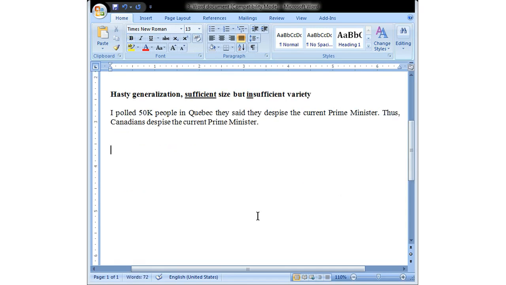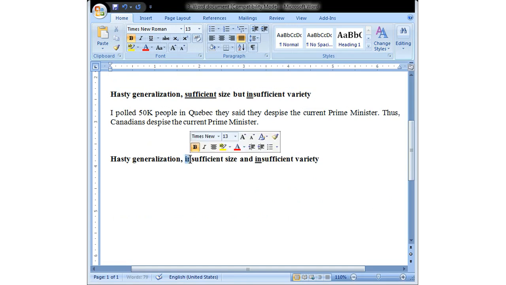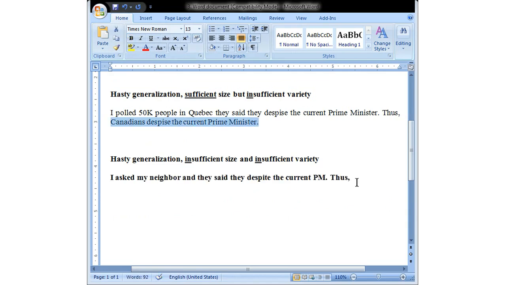Let's do one more. This is when you do both, right? Hasty generalization with insufficient size and insufficient variety. That's not good. That's the worst you can make. Again, same conclusion.